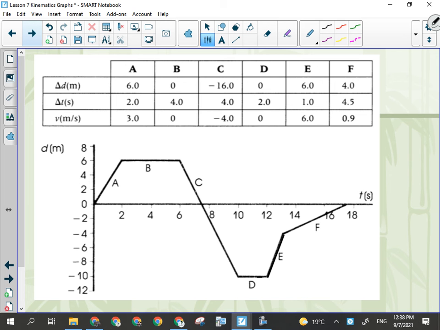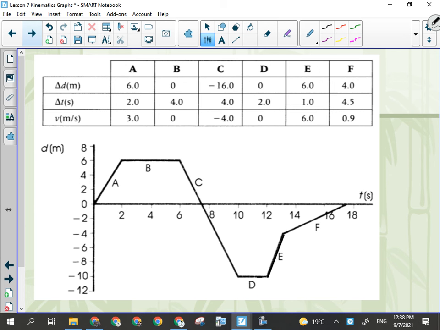During which parts of this graph is the object moving backwards? Not all of C. Part of C it's moving backwards, but not all of it. Where else on this graph is the object moving backwards?